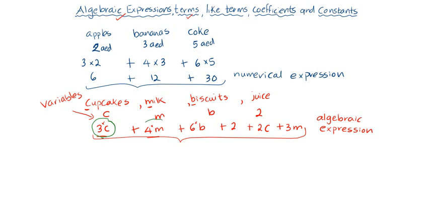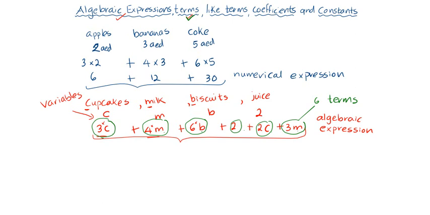The 4M is another term, the 6B is another term, the 2 is another term, the 2C is another term, and the 3M is another term. So we can see we have 1, 2, 3, 4, 5, 6 terms here altogether.